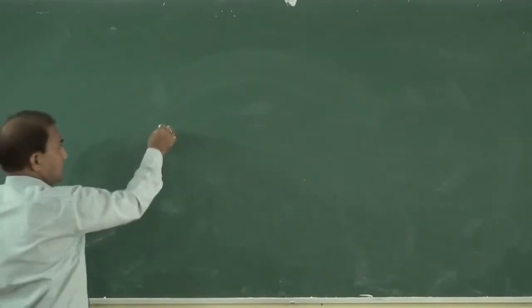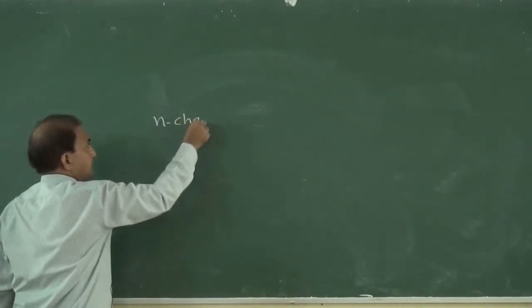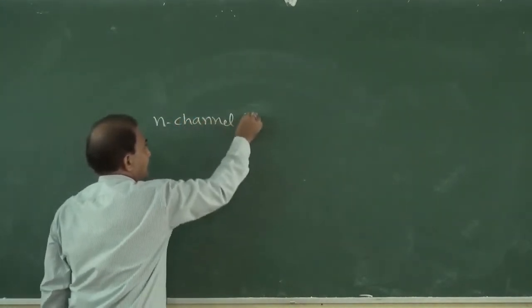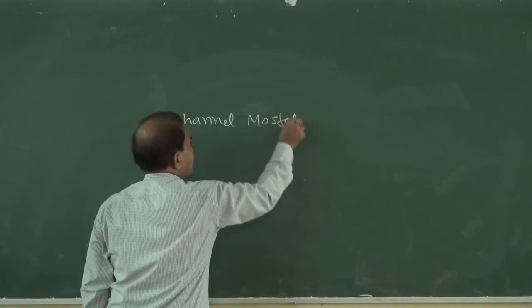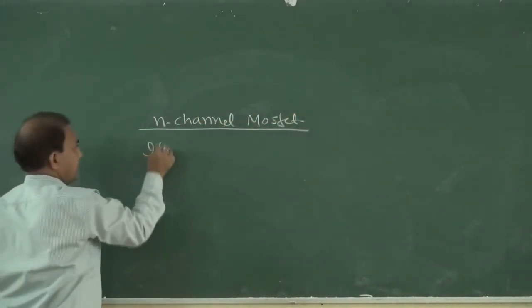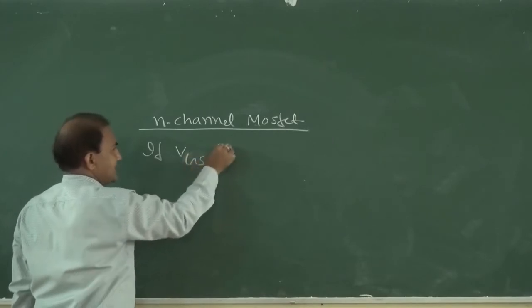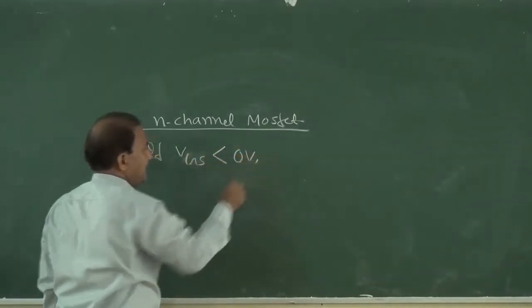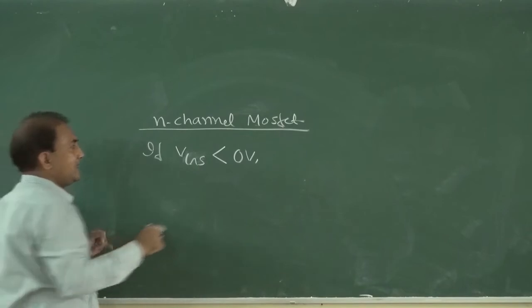We have seen in case of N-channel Mosfet, if VGS is less than 0 volt, then no channel is created.